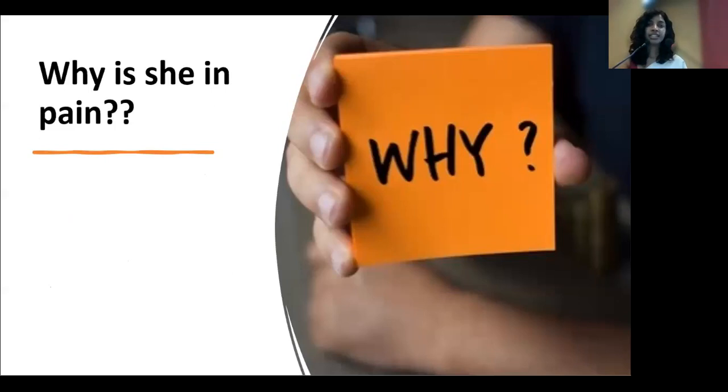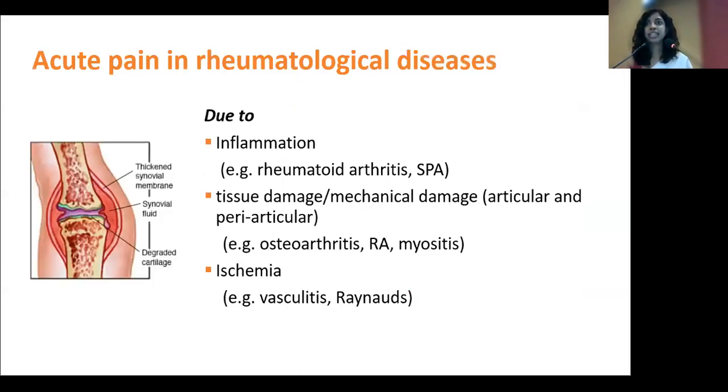So in the rheumatological diseases that we come across, be it inflammatory or mechanical, acute pain occurs due to different reasons. It could be inflammation, like in rheumatoid arthritis or spondyloarthritis, where there's tissue inflammation which leads to pain.